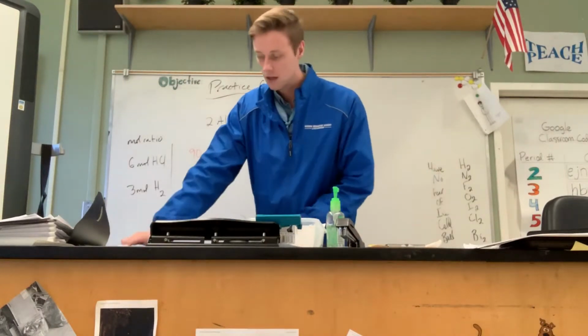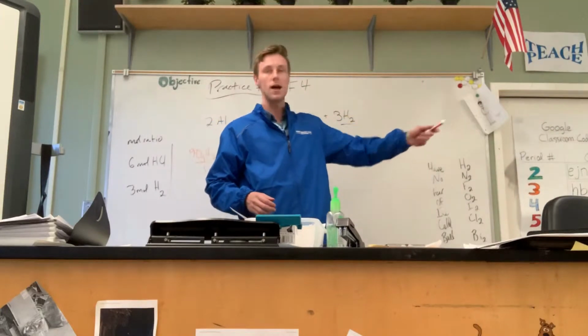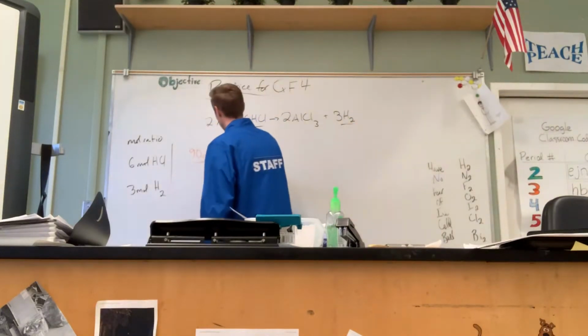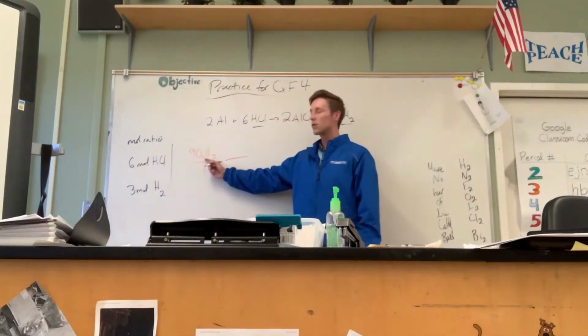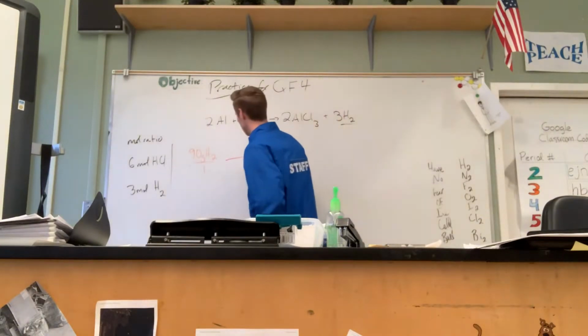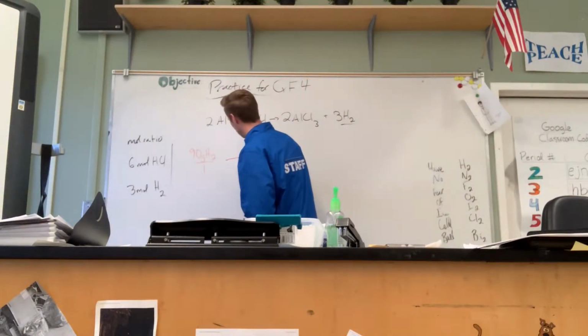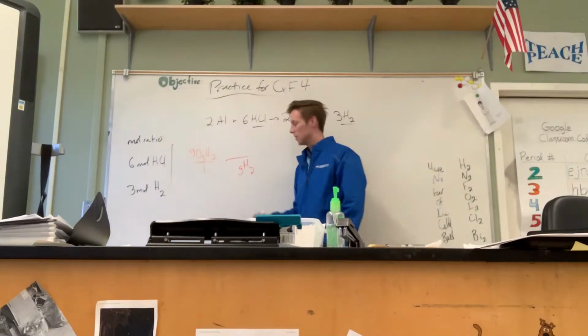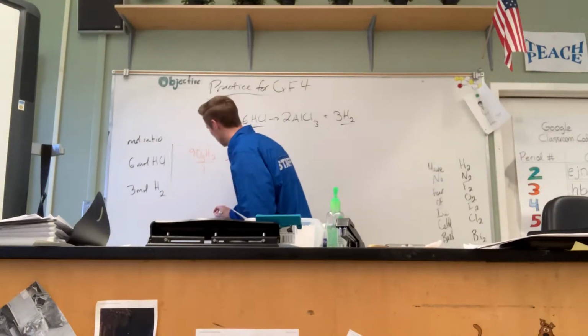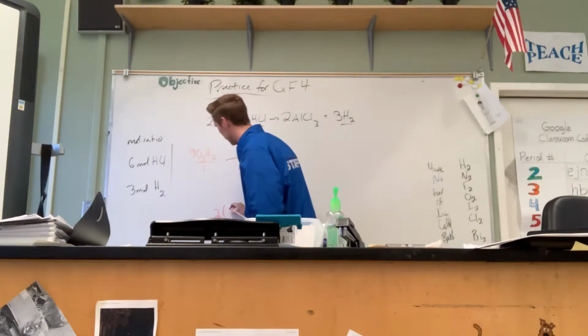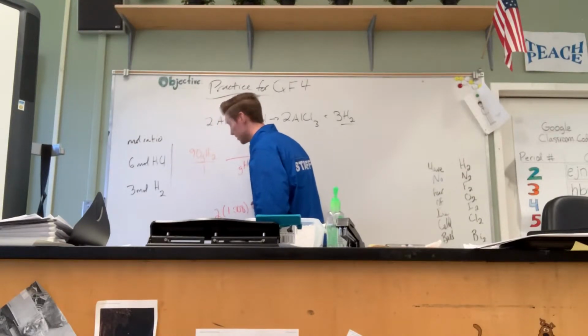Okay. So the first arrow I have to look at is molar mass. If I have grams of H2 right there, I'm going to put that exact same unit right here. Grams of H2. Since this is a molar mass, I've got 2 hydrogens. Each hydrogen weighs 1.008, which I can find on the periodic table.